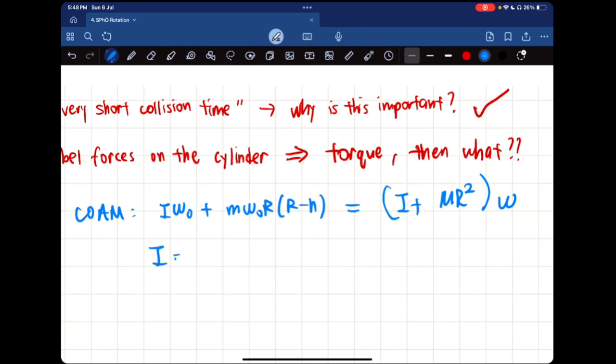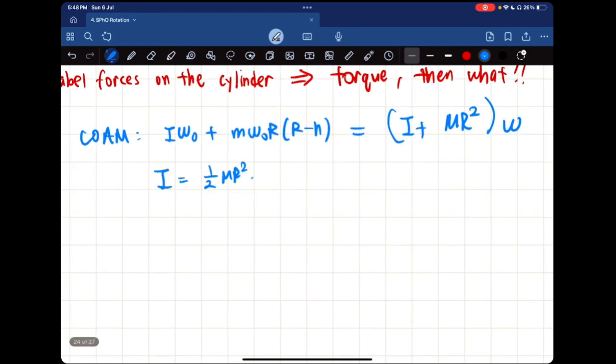And in this case, it's a cylinder. Your I is just this. So if you plug this in, you should get this.